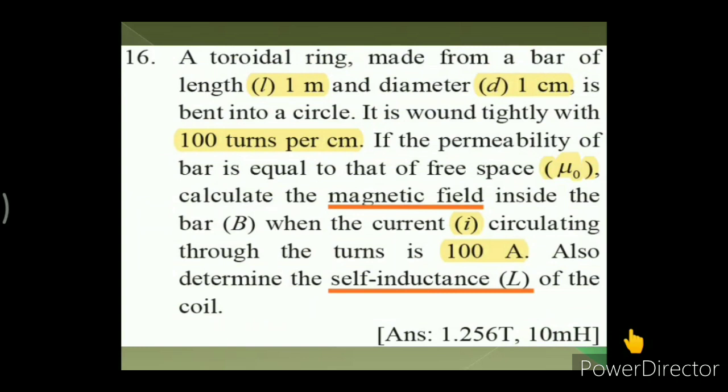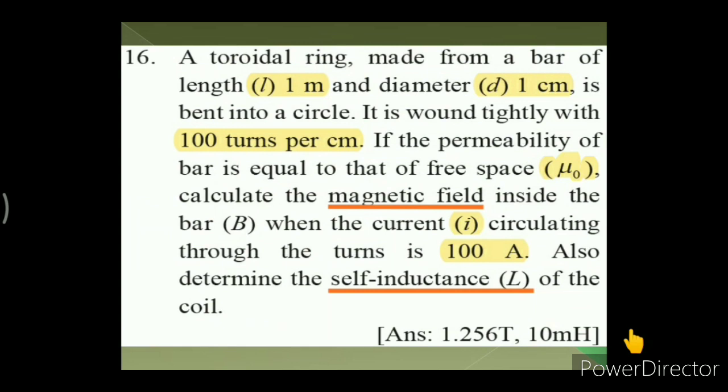If the permeability of the bar is equal to that of free space mu 0, calculate the magnetic field inside the bar B when the current I circulating through the turns is 100 ampere. Also determine the self-inductance L of the coil.